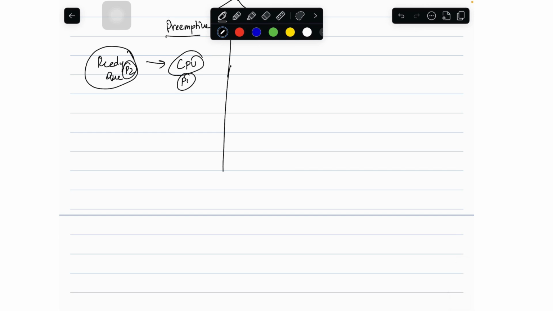After a certain amount of time, the control will go to the short-term scheduler, and it checks the priority of P1 against the priority of P2. If P1 is greater than P2, then P1 remains, else P2 is dispatched. So this is how it works.